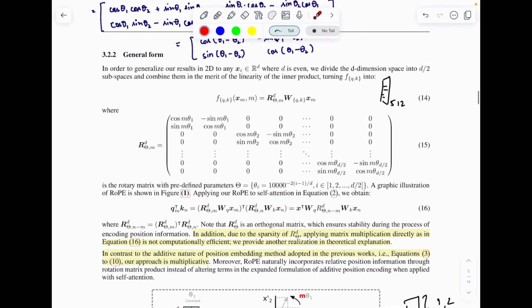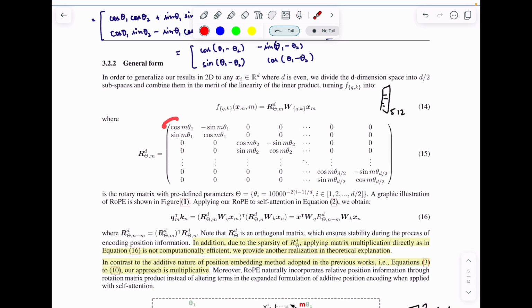For that they formulate the rotation matrix in this form, and this is a very sparse matrix because it is very close to the diagonal. This is more or less similar to a diagonal matrix. A lot of sparsity is there. For example, in the case of 512, it will be extremely sparse.